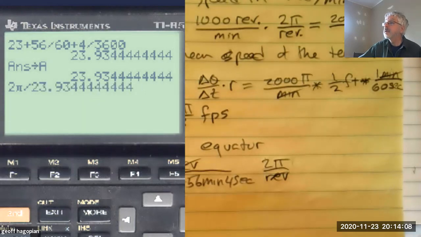Oh, okay, so I guess it is working. All right. So that is our angular speed.